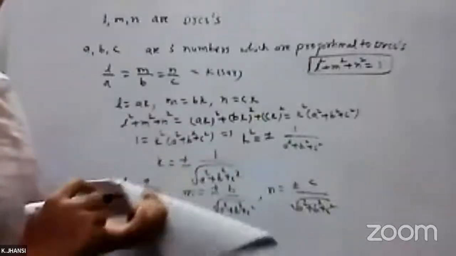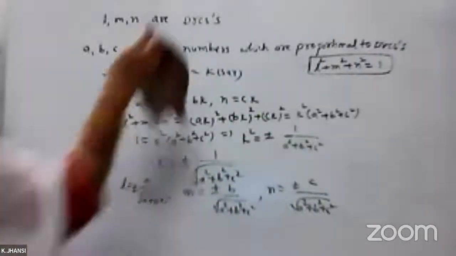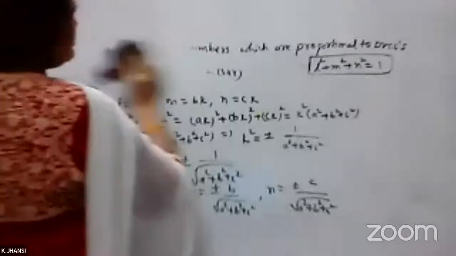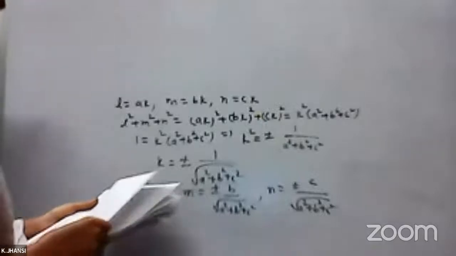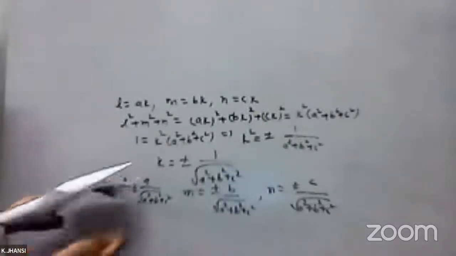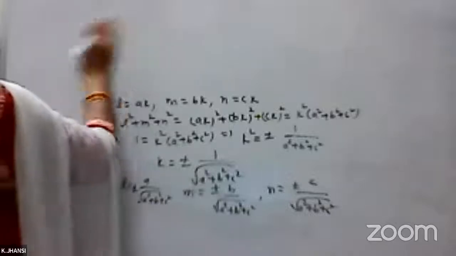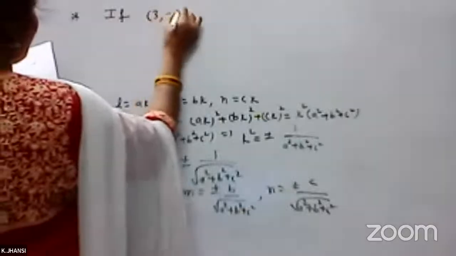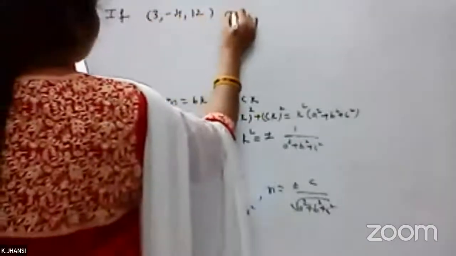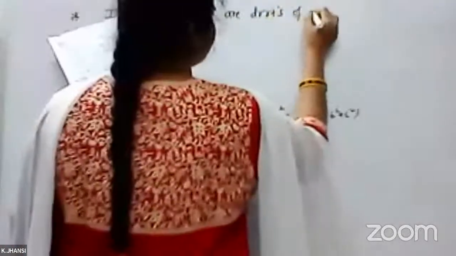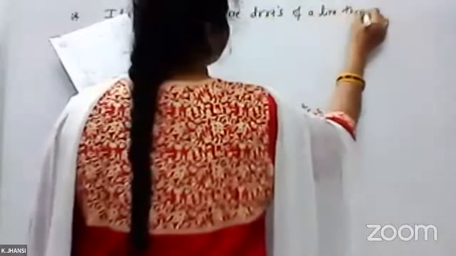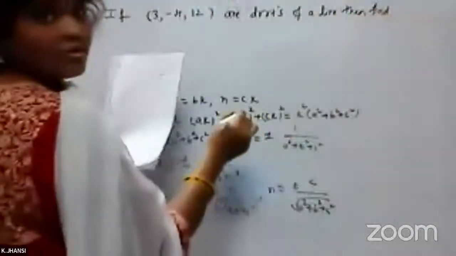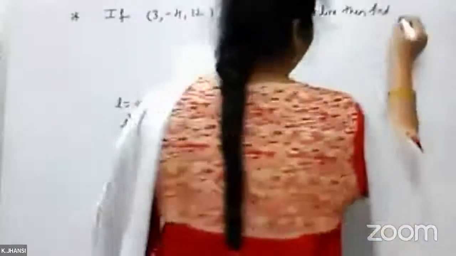The question will be like this: if 3, minus 4, 12 are direction ratios of a line, then find the direction cosines.